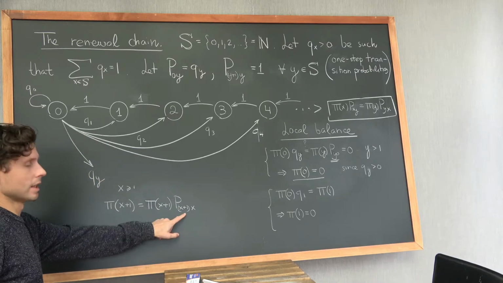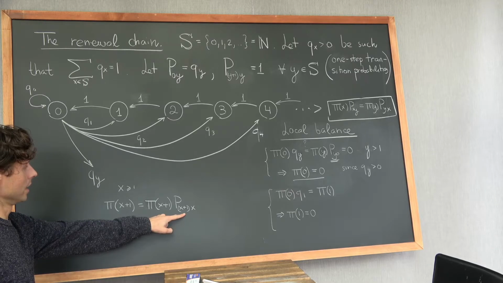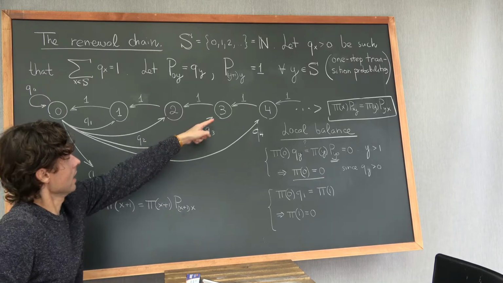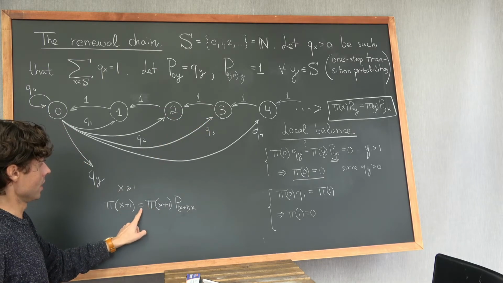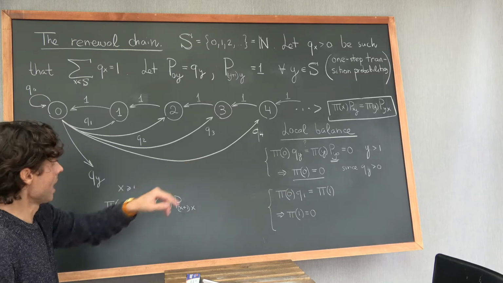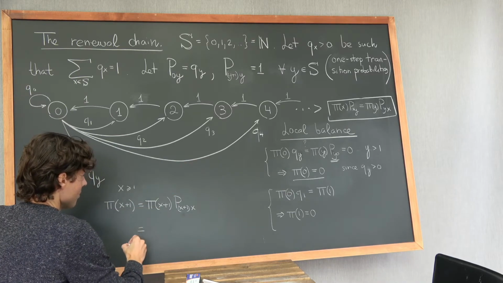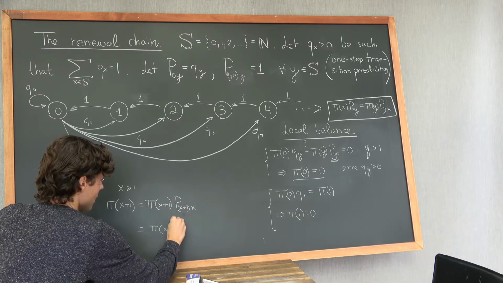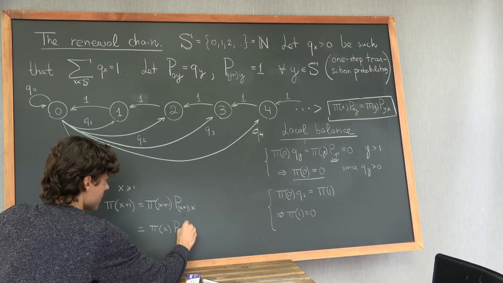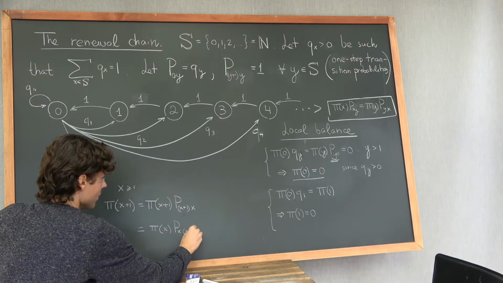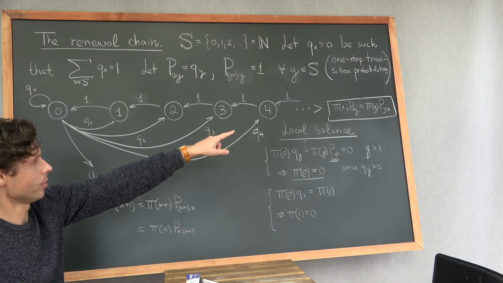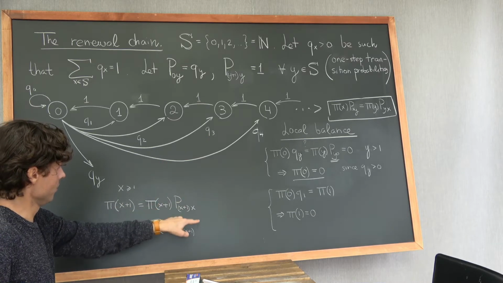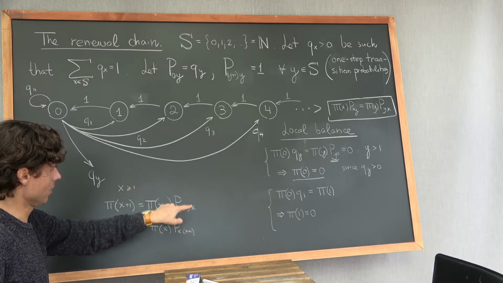Why is that? That's by definition of these p's here, right? These transition probabilities from state x plus 1 to x, decrementing the count, are always 1, so these two things are equal. And if local balance holds, then I must put here pi x, probability of going from x to x plus 1, right? The pair of states that I'm applying this with are x plus 1 and x, and so these would be the local balance equations.